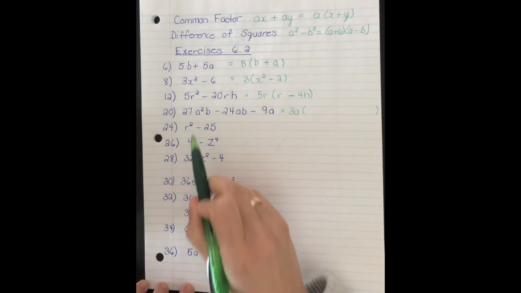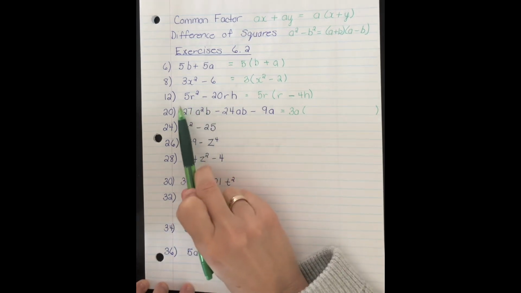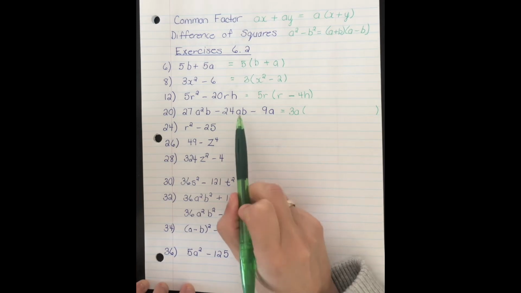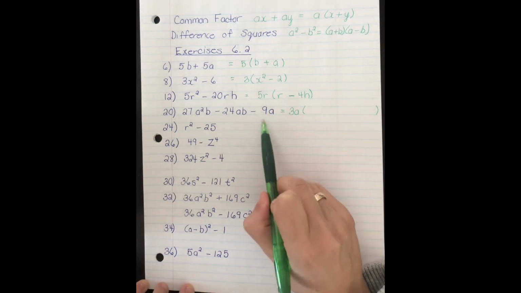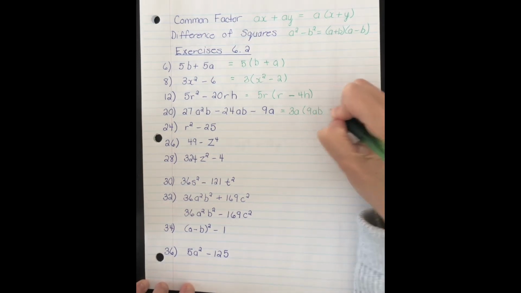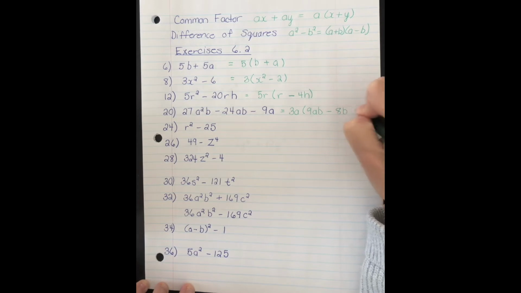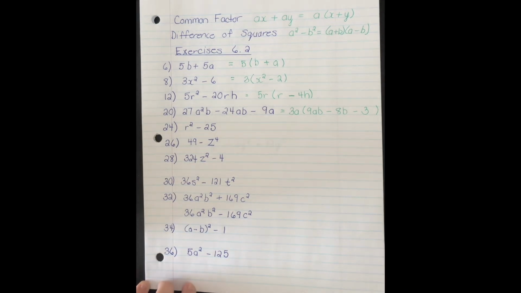And now we divide all terms by 3a, and we're going to get here 9ab, here 8b, and here 3. So this is what the factored expression will look like. Okay, so those were 4 examples of common factoring only.